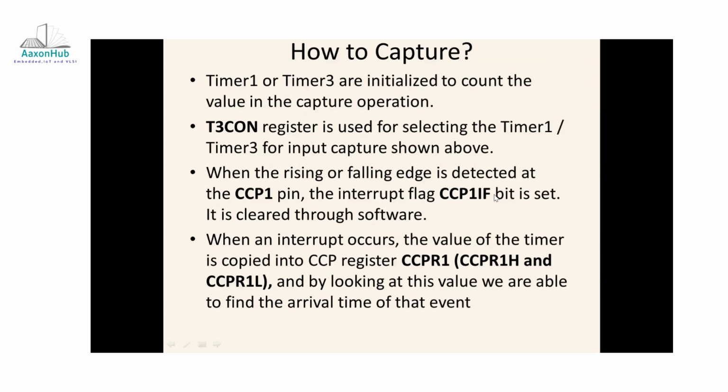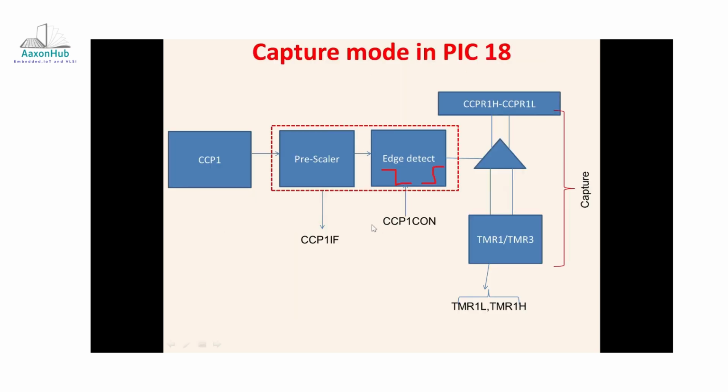So for this diagram, you have set the mode selection bits for every falling edge of this clock, and in that manner, every falling edge can generate events for capture.